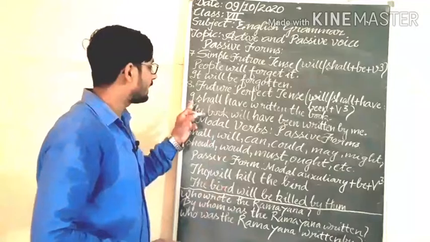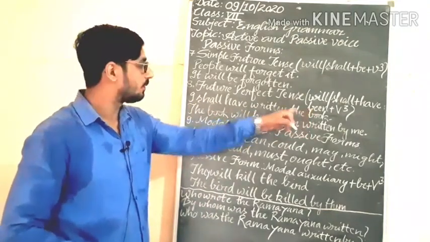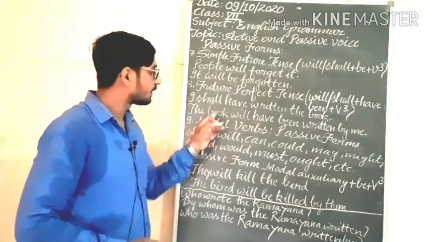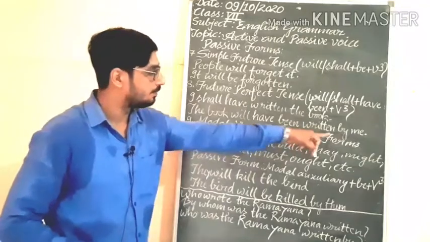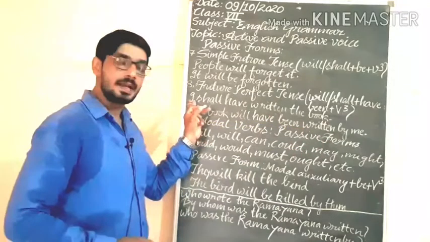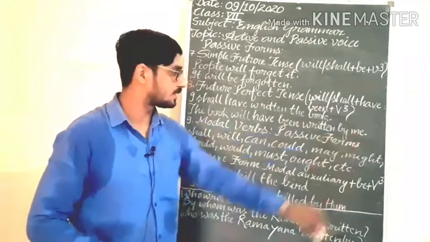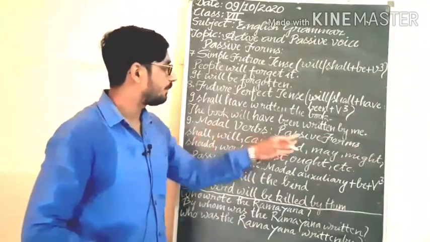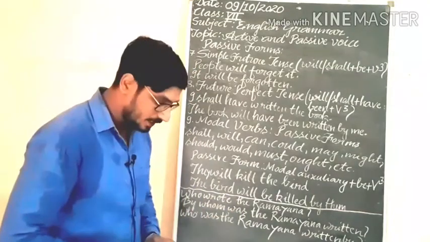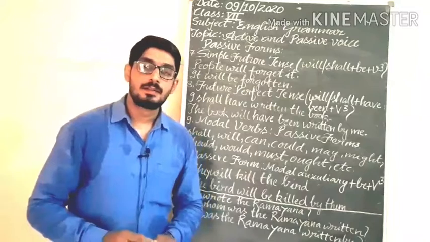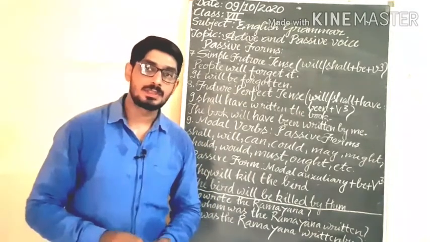You are getting: I is the subject and the book is the object. So the book will come here first. The book will have been written, main verb third form, by, and the subject is I, so it will be converted into the object me. Understand? So the book will have been written by me. And we don't change present perfect continuous tense sentences into passive voice.